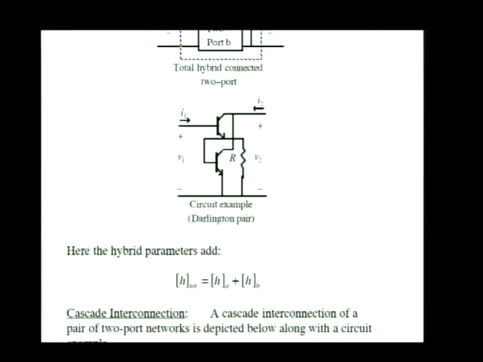In that case, it's most convenient to use the z parameters when figuring out the overall parameters of the series connected pair. So I'd do that one in terms of z parameters. But now that's followed by a shunt interconnected two-port, where y parameters are the most convenient to use.